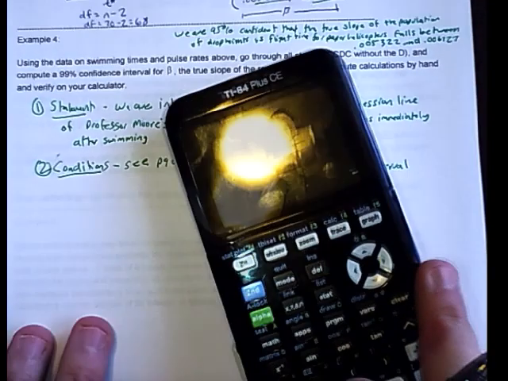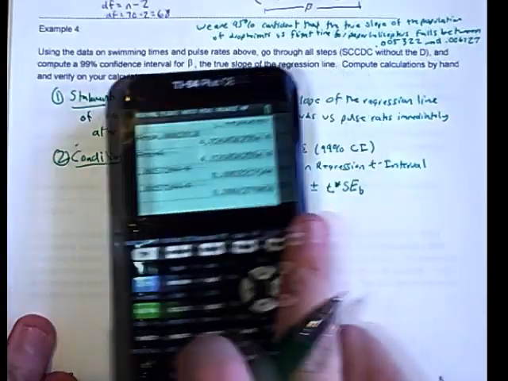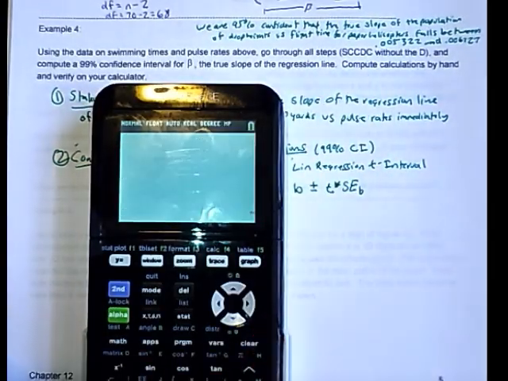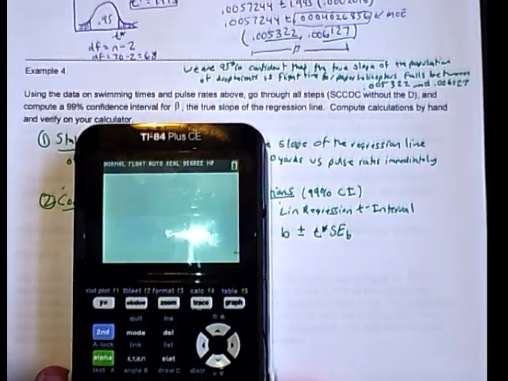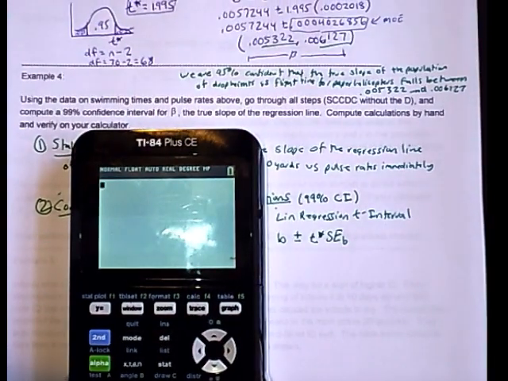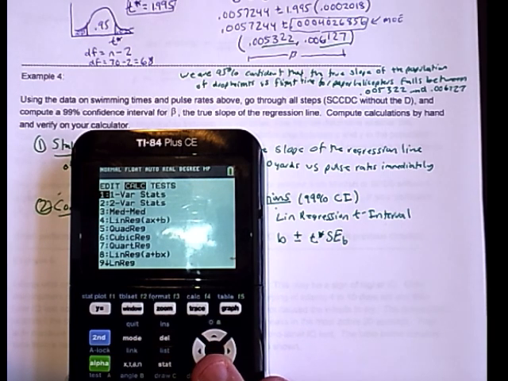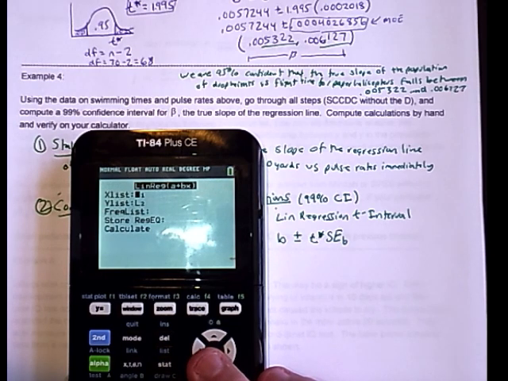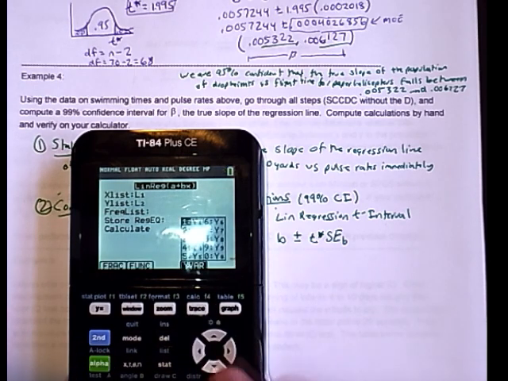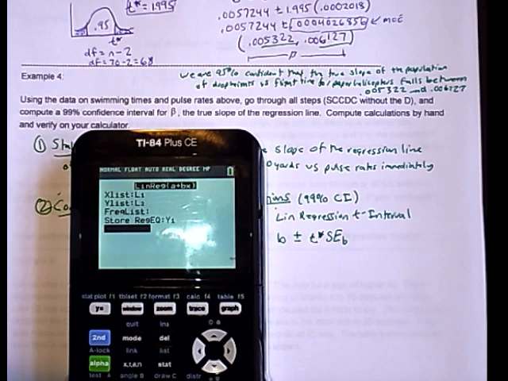So let's go through it. Going back to that example, remember my data for this was in list 1 and list 2. So if I rerun my linear regression, if I go stat, calculate, go down to number 8, linear regression L1, L2, store the regression equation in Y1, and calculate.